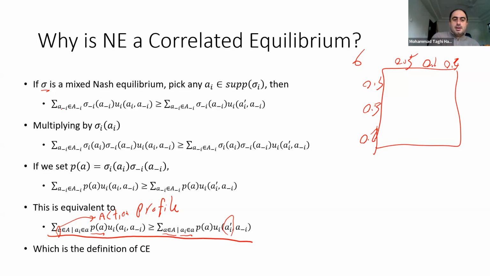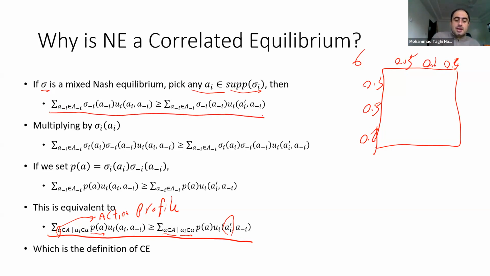Now, if you consider any a_i which is in the support of sigma, what's the meaning of that? It means that its probability is greater than or equal to 0. This is the definition of Nash equilibrium.